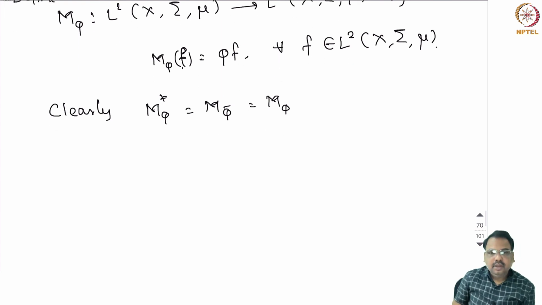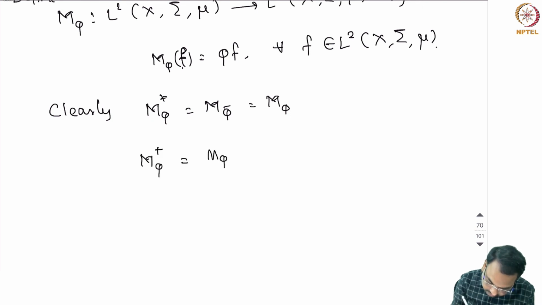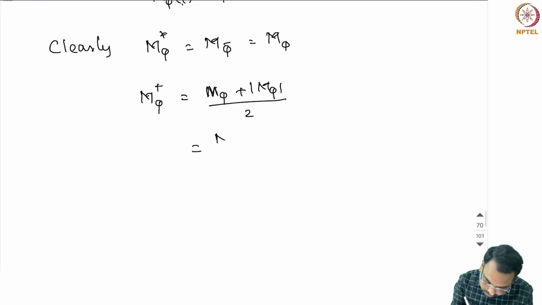Now we want to look at the positive and negative parts of M_φ. The positive part of M_φ is (M_φ+|M_φ|)/2, but this is nothing but (M_φ+M_|φ|)/2.